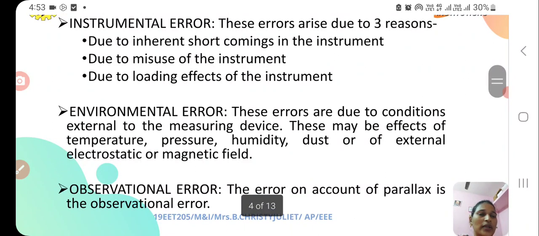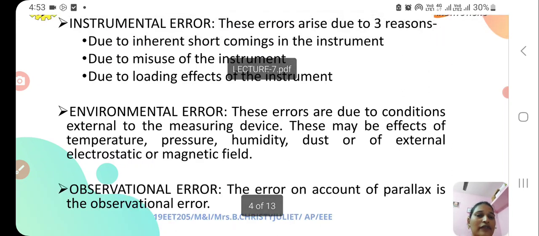Hence, the actual value to be measured by the instrument will get affected because of the high resistance at the terminals. When we connect the leads to the measuring devices, you are not supposed to connect so many wires. You need to connect as few wires as possible in order to avoid the loading effect.